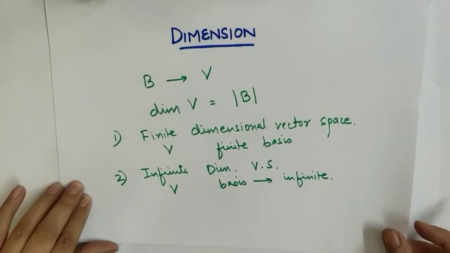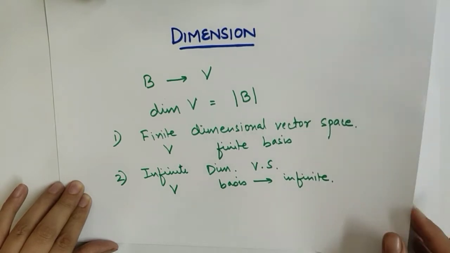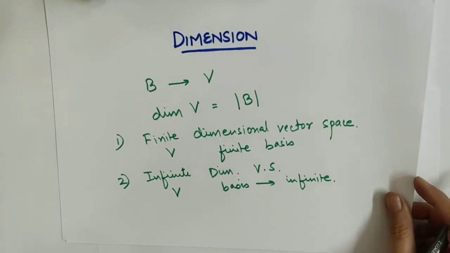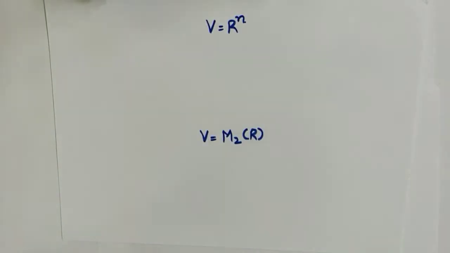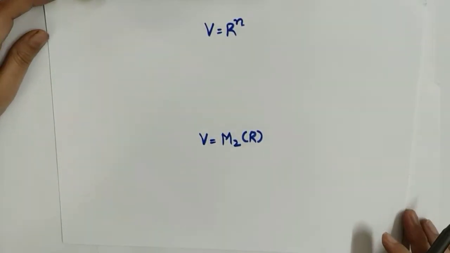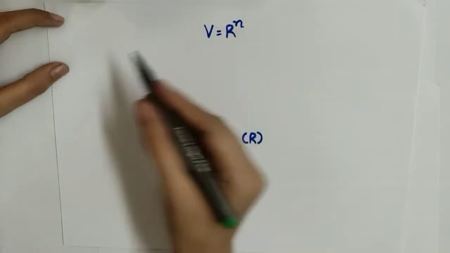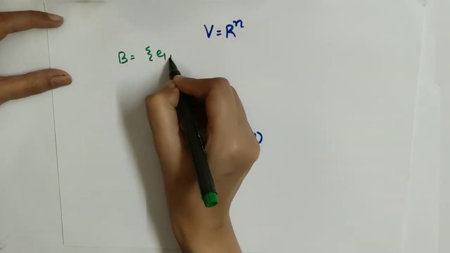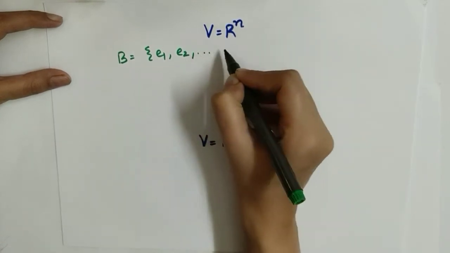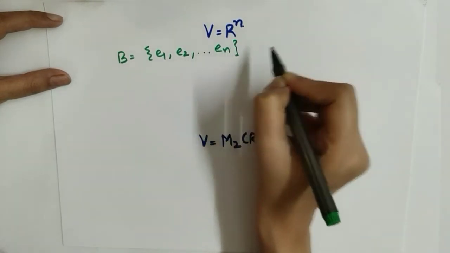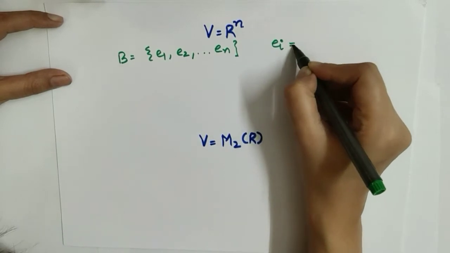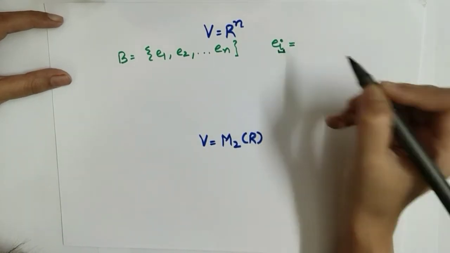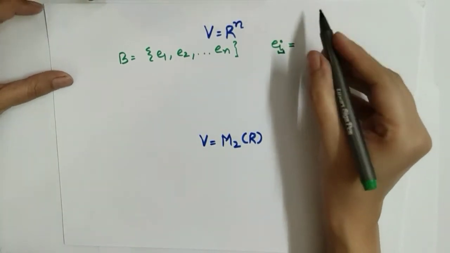So now that we know what a basis is and what dimension is, let us take a look at some more examples to get a clearer picture. Now if we take V equal to Rn, let us take B to be {e1, e2, ..., en}, where ei is a vector whose ith component is 1 and the rest are all 0.